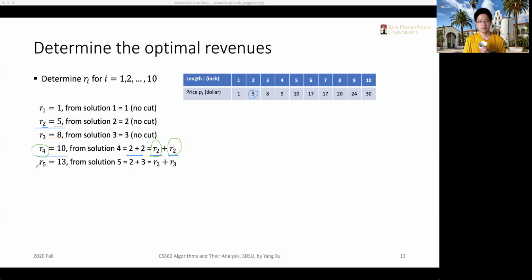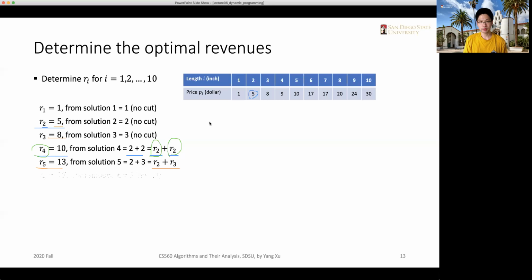And we have found that R5 is the combination of R2 and R3. Although here we don't know how we get to that point, we just show that the solution of a bigger problem actually comprises the optimal solutions to some sub-problems, smaller problems.